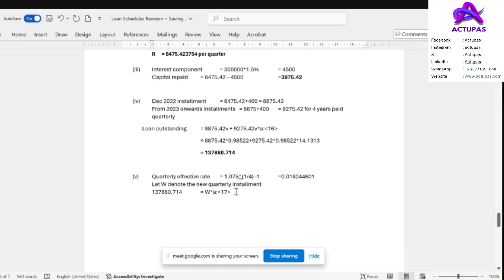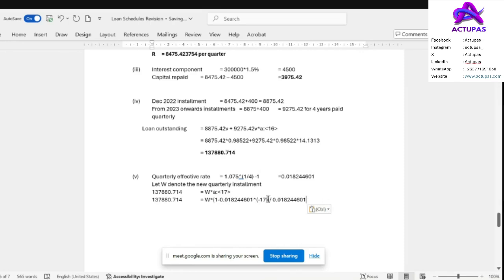Because the interest rate is 1.8%, we can't find this from the table, so we have to determine it from first principles, which is 1 minus V to the n over i. So this is 1 minus our V, 1.018244 to the power -17, divided by our i here.